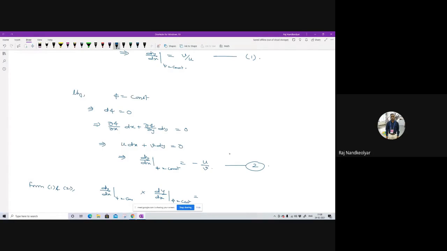This is minus 1. So what is the conclusion now? Can you tell me the conclusion? Orthogonal. Perpendicular.